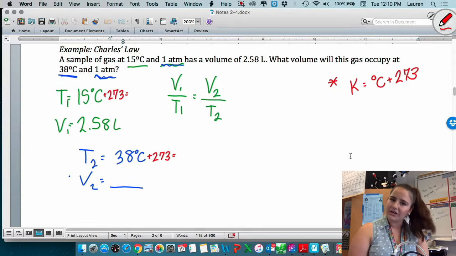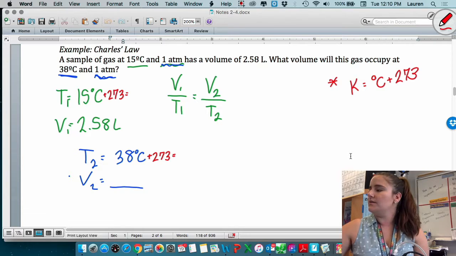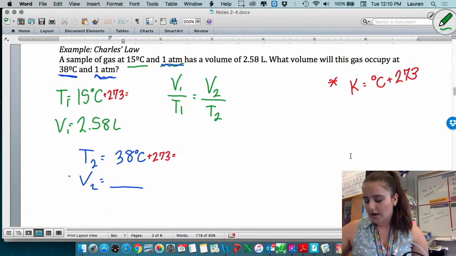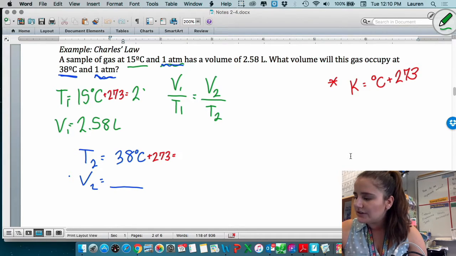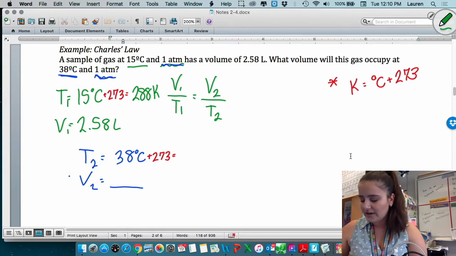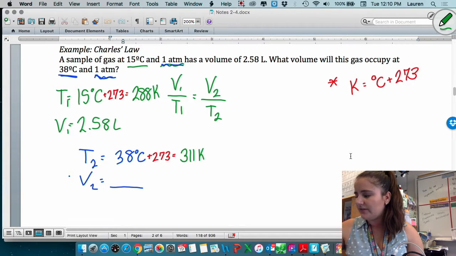Okay, hopefully you tried it. I'm going to go over it real quick. So, first, converting the temperatures. This one becomes 288 Kelvin and 311 Kelvin.